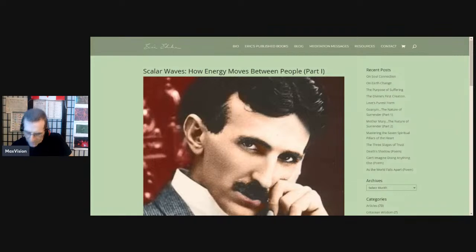So can the soul be described with scalar properties? I suppose it can, if it has a volume of energy, a magnitude of energy. So scalar really is a property. Measurement of magnitude.